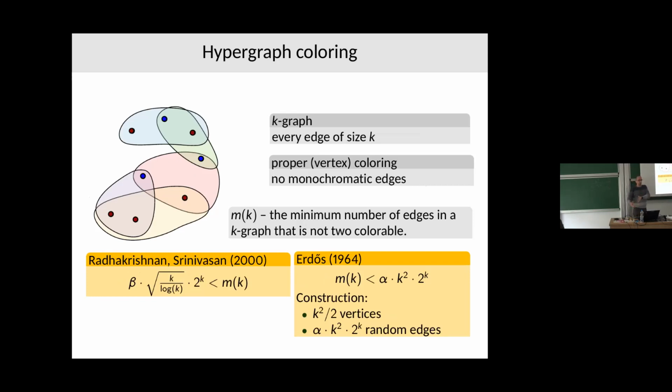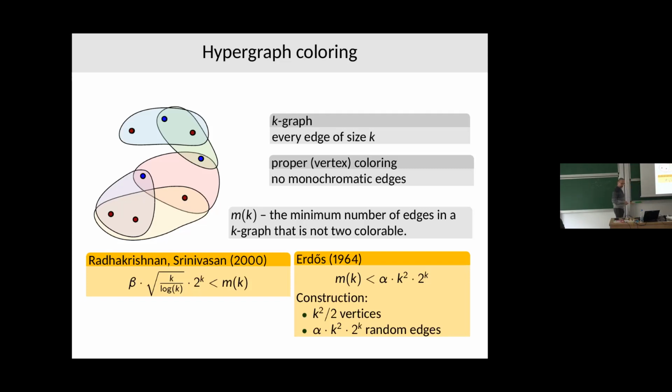So we know these days that this specific value alpha, I didn't put it here, but it is known. It involves the Euler constant. It works as a threshold. So when the number of edges is smaller, then a random hypergraph is with high probability two-colorable, and if it goes up higher, it stops being two-colorable with high probability.